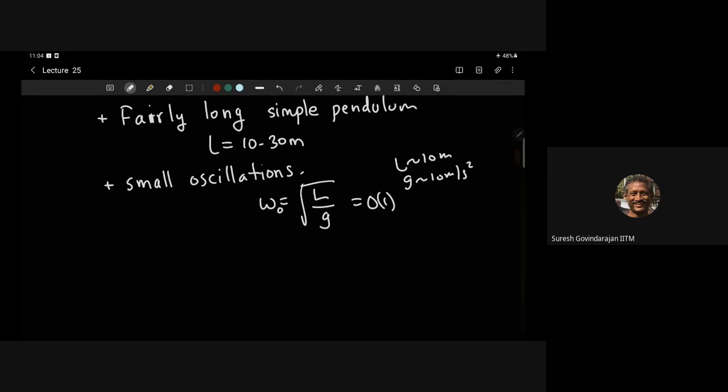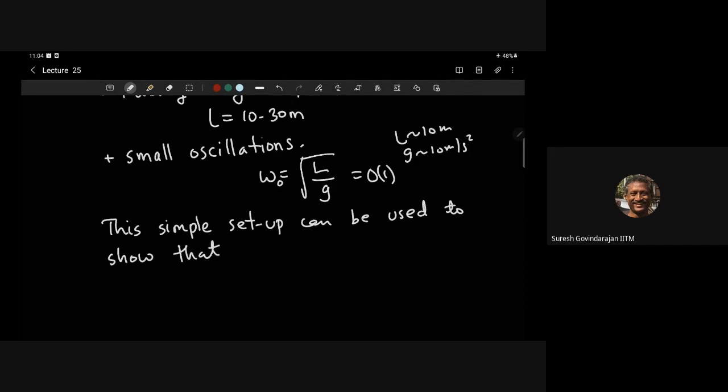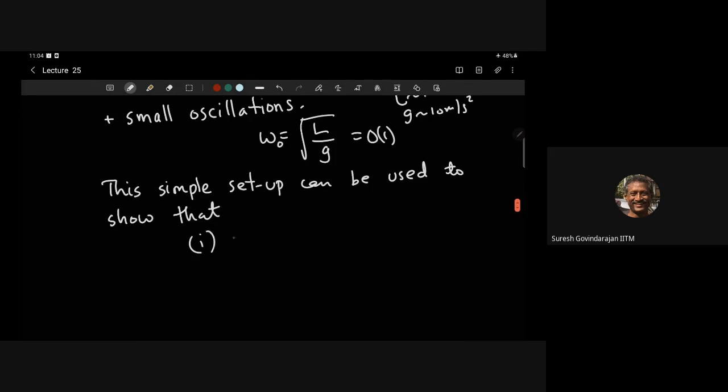Okay, so this simple setup can be used to do several things. It can show, one, that Earth is in a non-inertial frame.